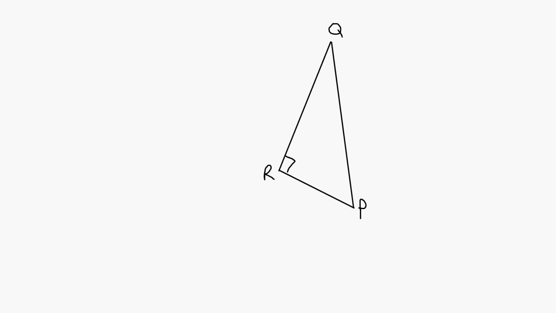And let's see, Q to R is 15, Q to P is 17, and R to P is 8. Express each ratio as a fraction and as a decimal to the nearest hundredth.